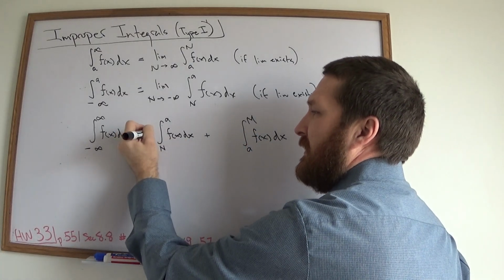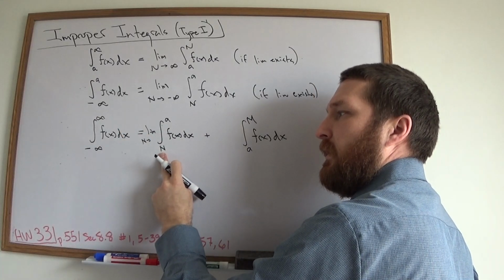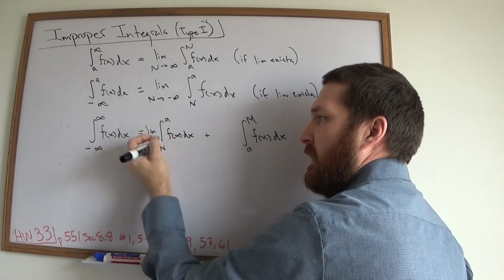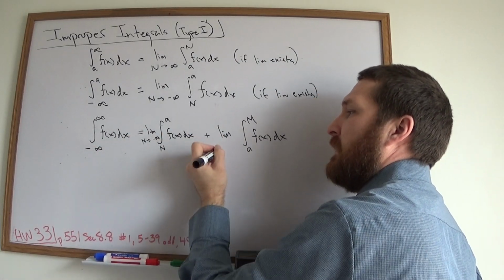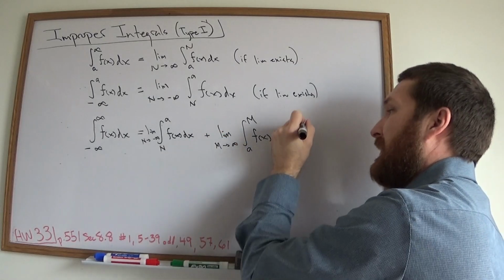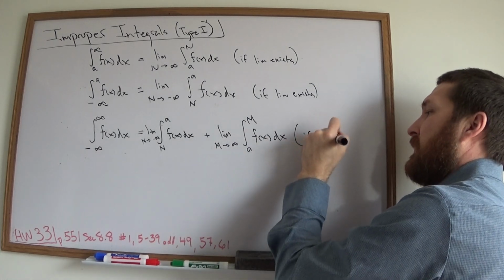Trust me on this. The limit as n, in this case, goes to negative infinity. And here, the limit as m goes to positive infinity, if both of these exist.